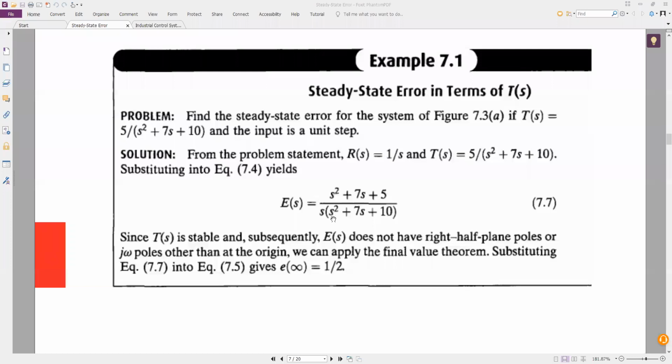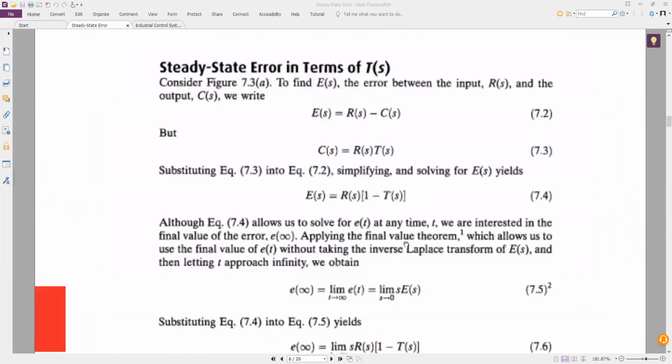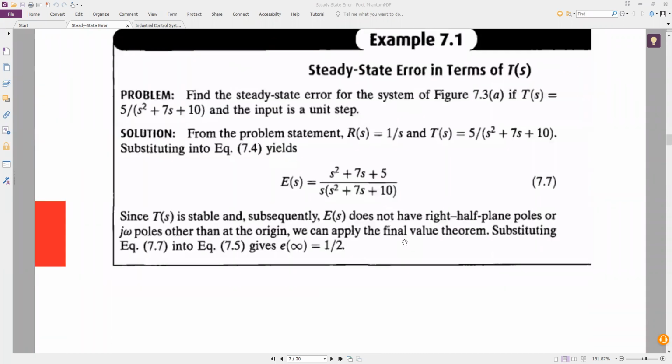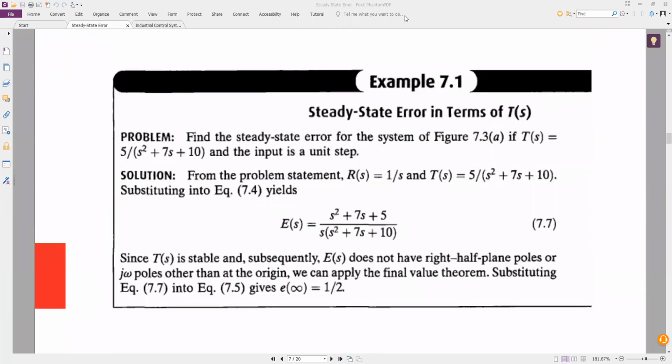Now put the value s as 0, then you get the value half. How does it become half? Let me calculate.